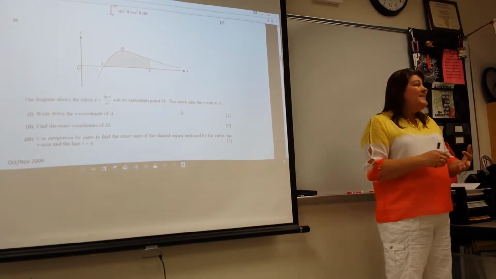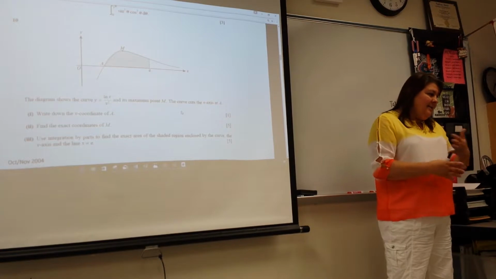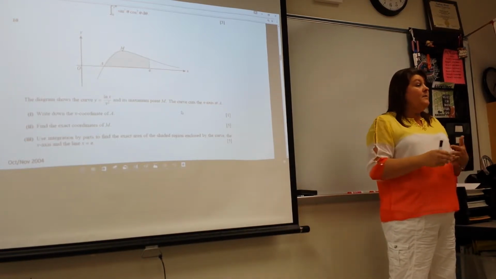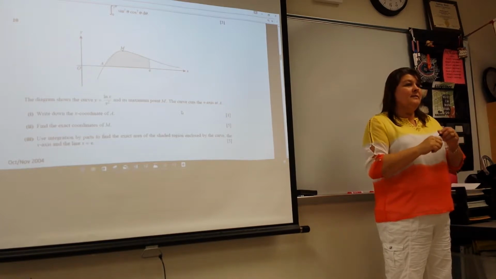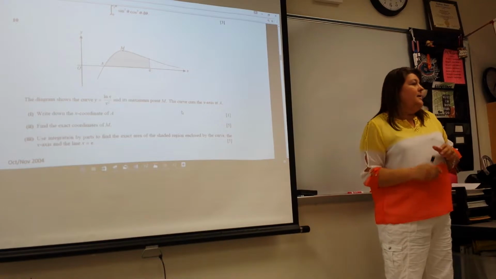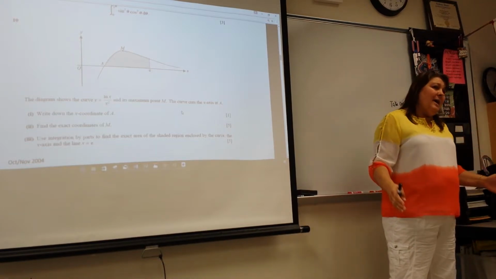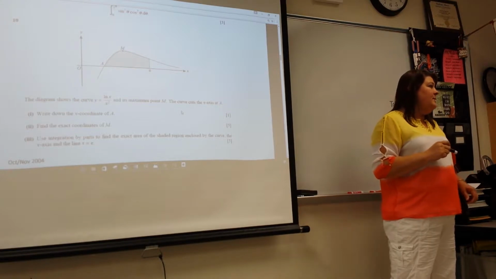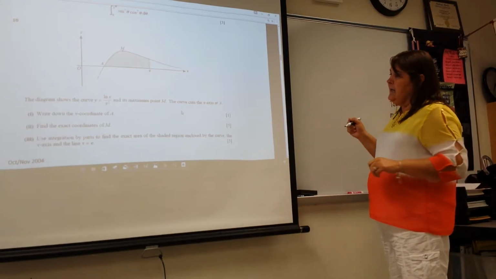Then take the second derivative and plug those values in. If it's positive, it's up like a cup, which means it's the minimum. If it's negative, it's down like a frown, which means it's a maximum. So that's a bit of a review for those of you that are retaking.